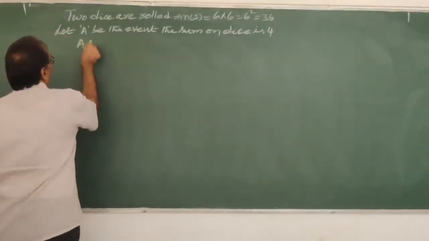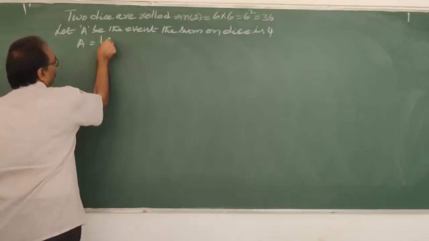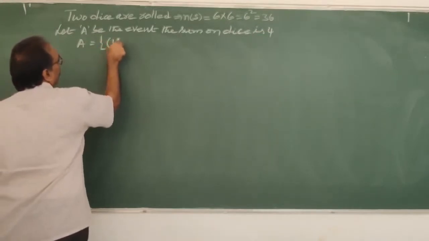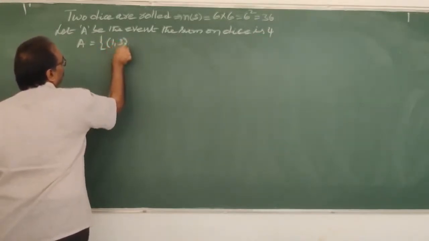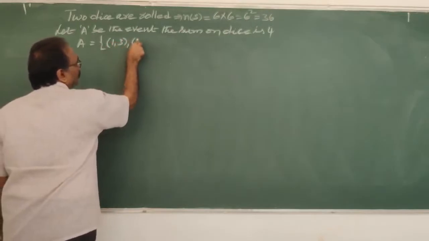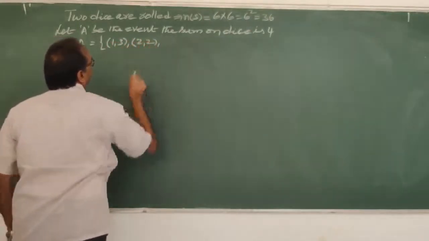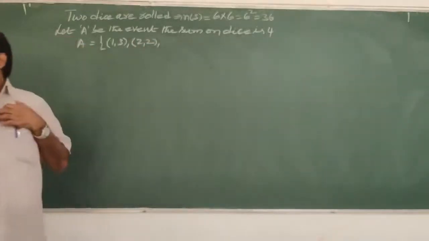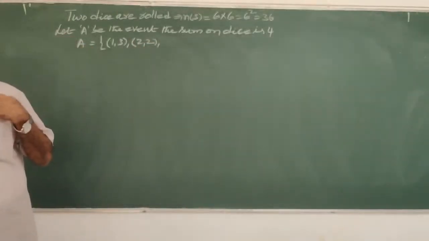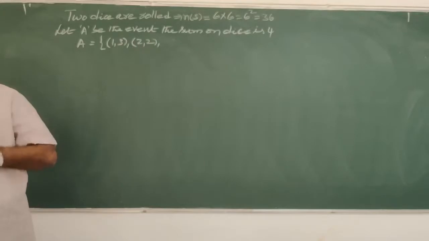So A is equal to the set of all sample points (1, 3), (2, 2) and so on. So the sum on the dice is 4.